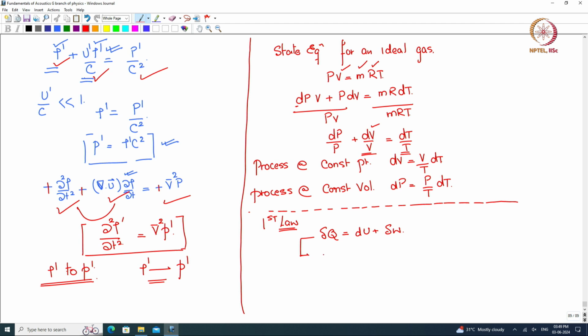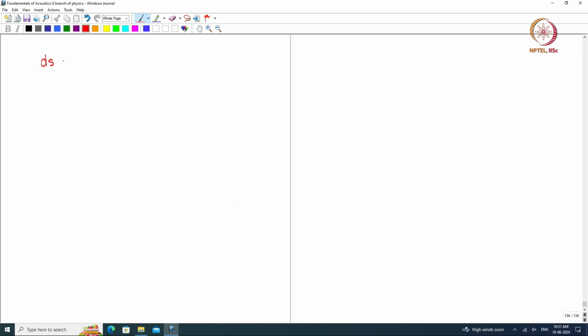I am going to write first of all S, the entropy, as a function of pressure and volume, so that I get dS is equal to del S by del P at constant V dP plus del S by del V at constant P dV.